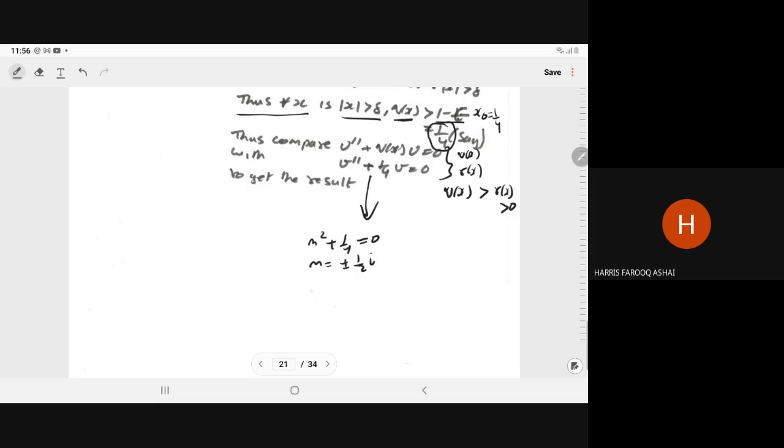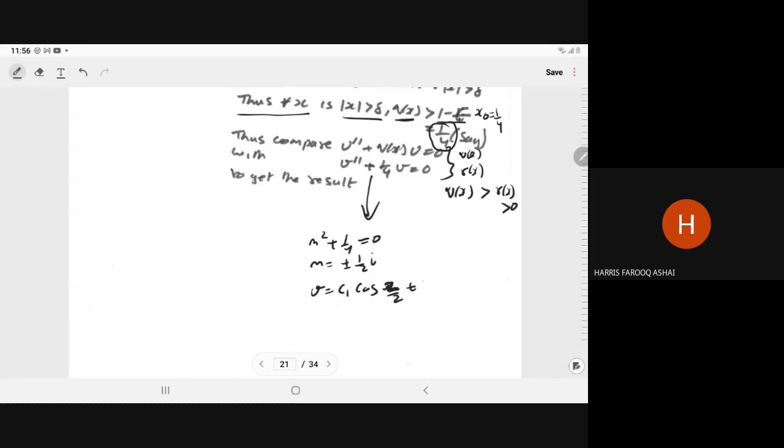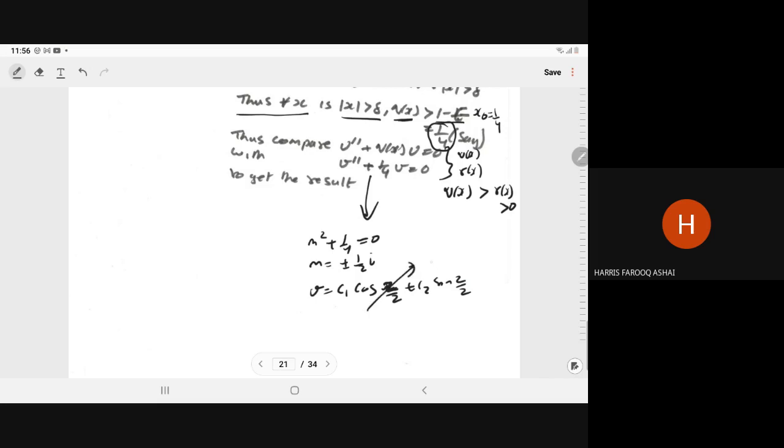So it will give you v = c1 cos(x/2) + c2 sin(x/2). Clear? So it shows that v has infinitely many zeros, which implies, by the Sturm comparison theorem, that u also has infinitely many zeros.